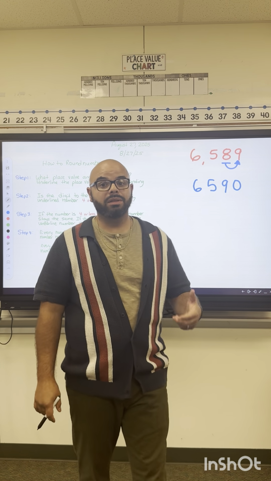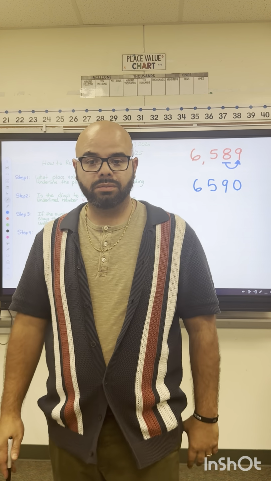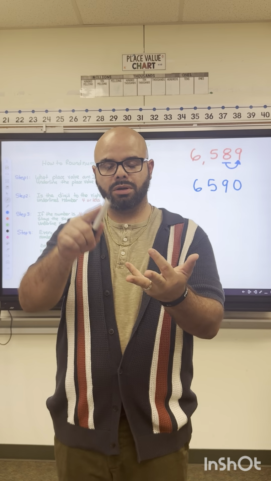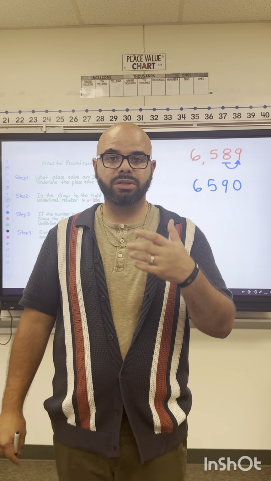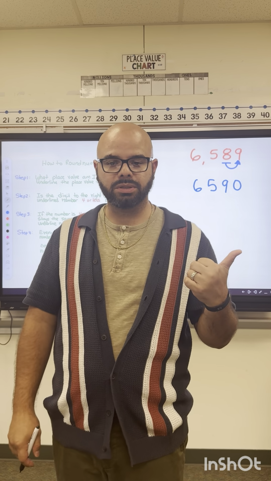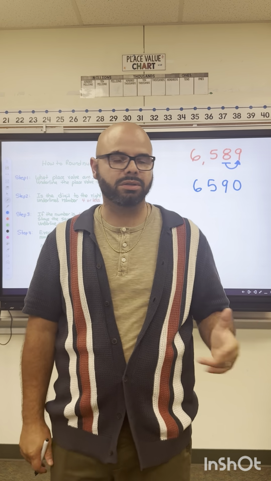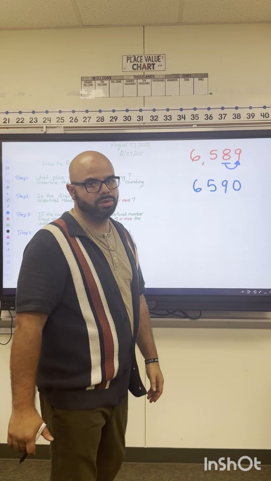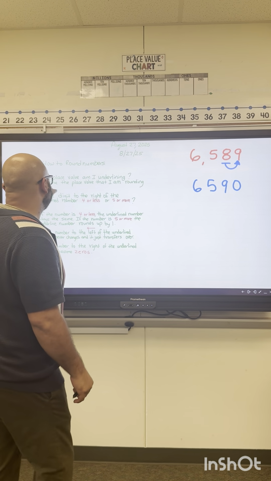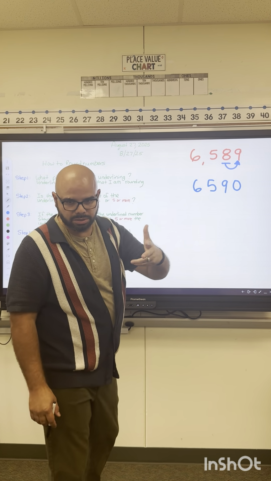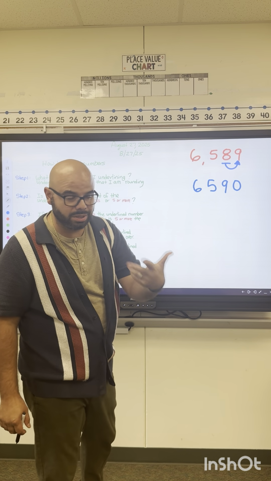I was telling them, they literally tell you where to start. They tell you whether to start in the tens, hundreds, or thousands place. So if they tell you nearest thousand, you go to your thousands place. If they tell you nearest hundred, you go to your hundreds. If they tell you nearest tens, you go to your tens. So in this case, what place value am I underlining? The tens place. They're telling you to go to the nearest tens place.